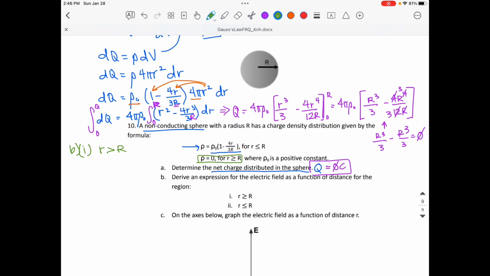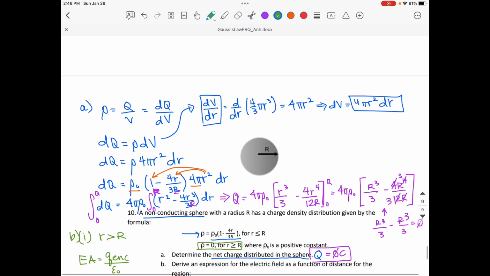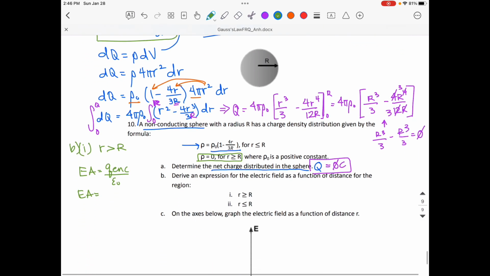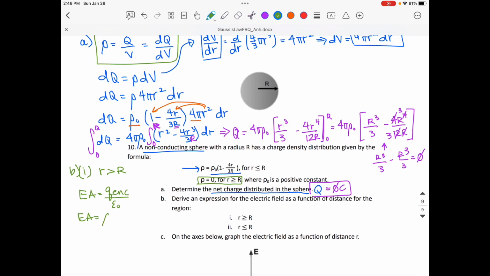In this scenario, basically, I've got my Gauss's law. EA is equal to Q enclosed over epsilon naught. Since we're given rho, we know that EA is equal to rho times volume over epsilon naught.